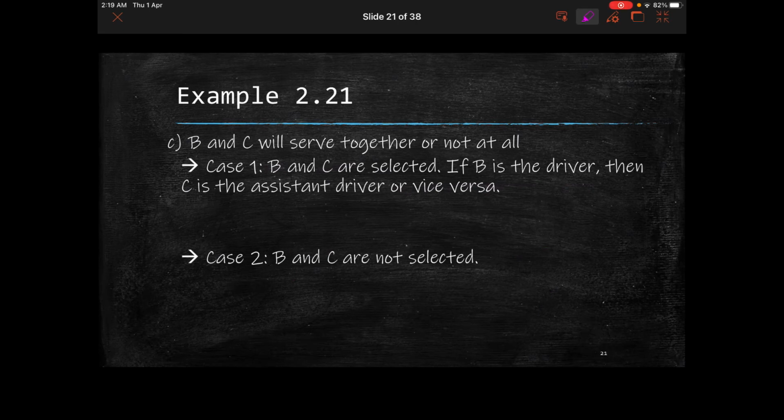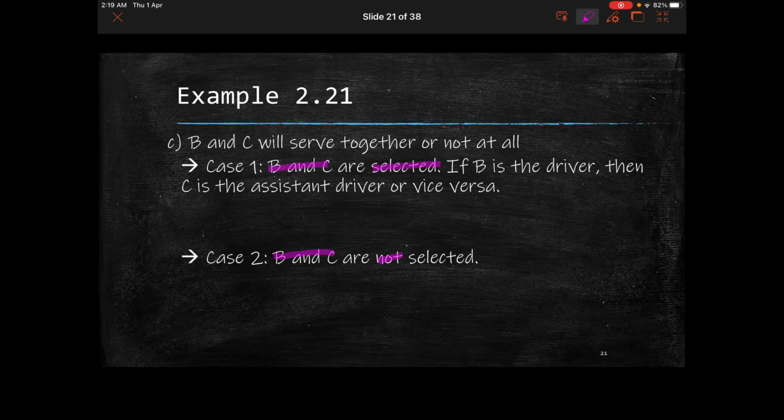Next, in the case of B and C, will serve together or not at all. Yang ini pun kita bahagikan kepada 2, case 1 and case 2. So case 1, B and C selected, and case 2, B and C are not selected. Kita buat yang first one dulu.